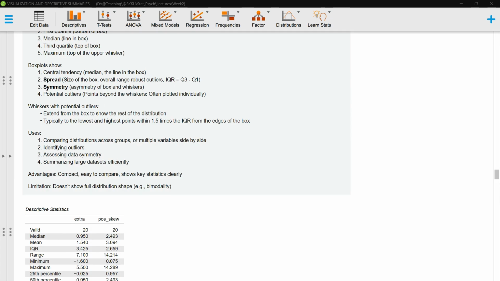But also whisker typically extends to the lowest and highest points within 1.5 times the IQR from the edges of the box.